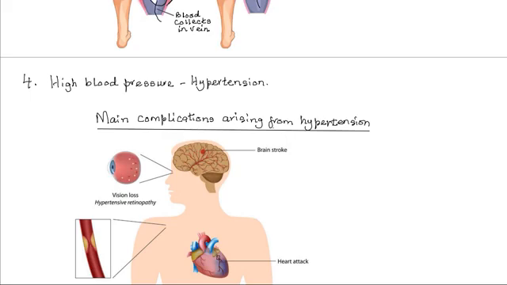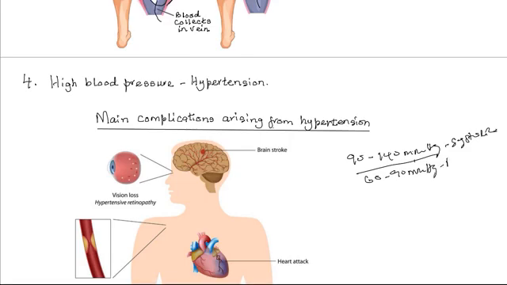Now, the normal blood pressure varies between 90 to 140 millimeters of mercury, that is the systolic pressure, over between 60 to 90 millimeters of mercury, that is the diastolic pressure.